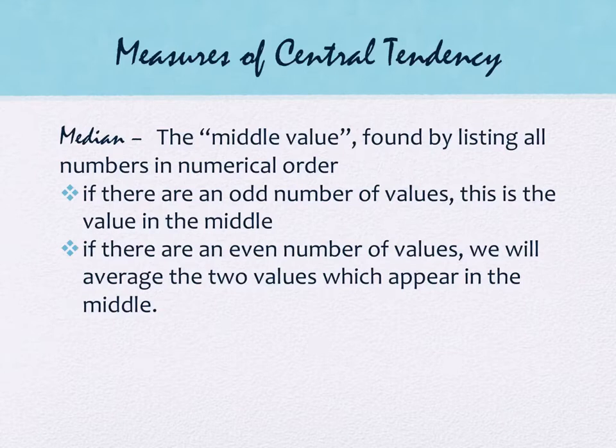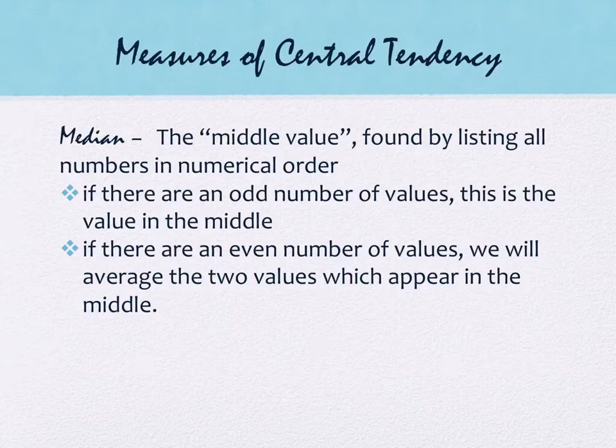The median is the middle value. And it's found by listing all the values in numerical order and looking for the one in the middle. The kicker when you put numbers in order is that sometimes there's one middle value and sometimes there's two numbers that are in the middle. Imagine putting all of your students in a classroom in height order.